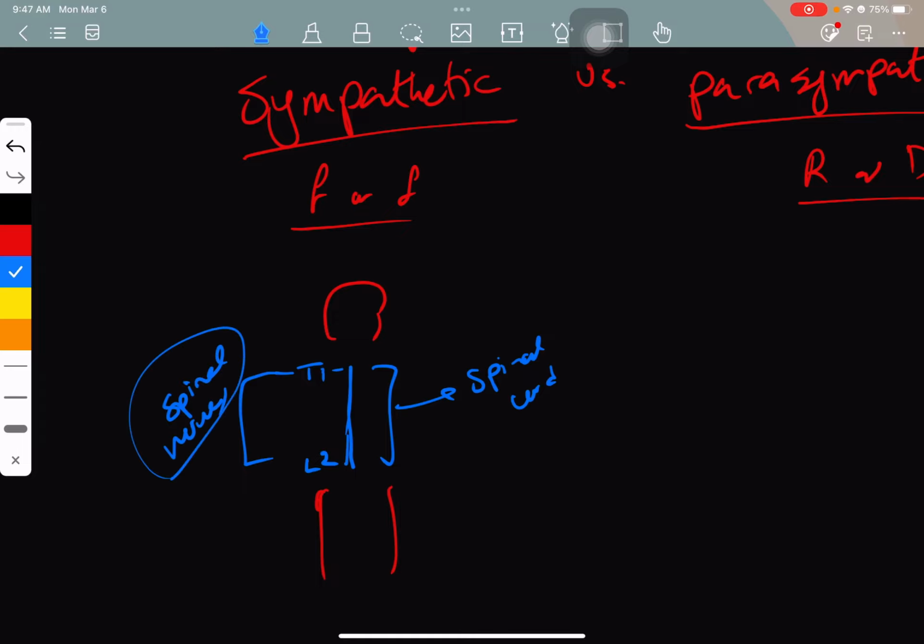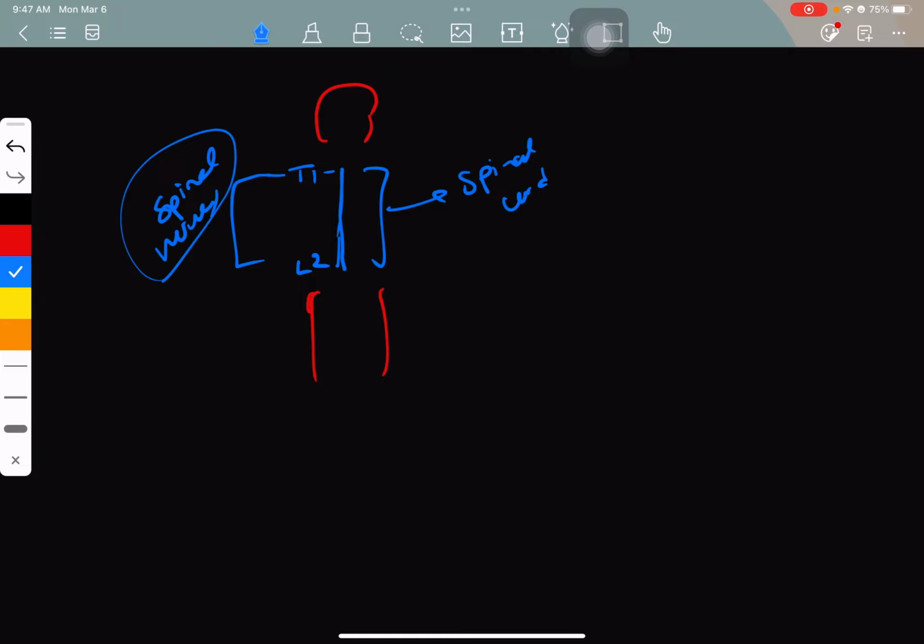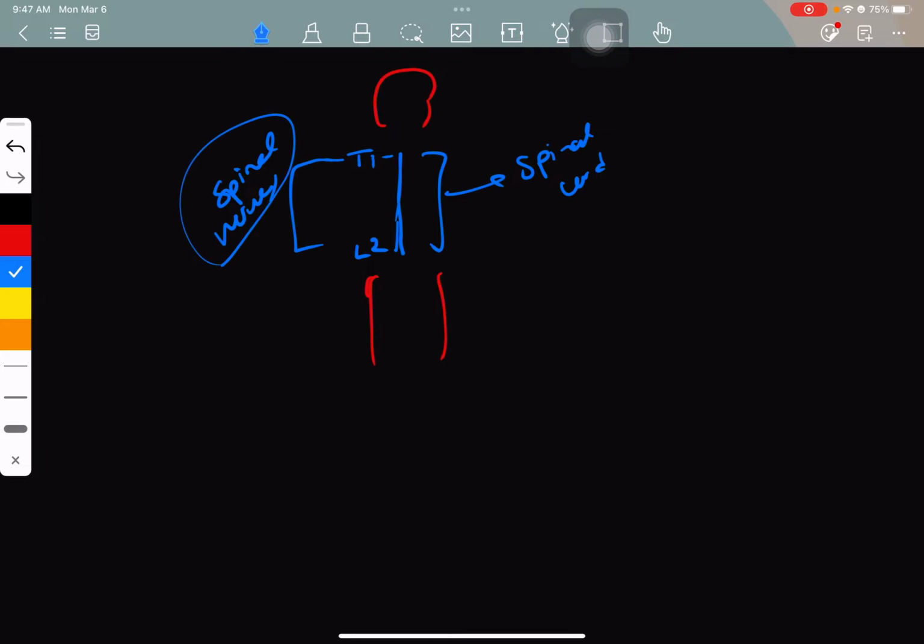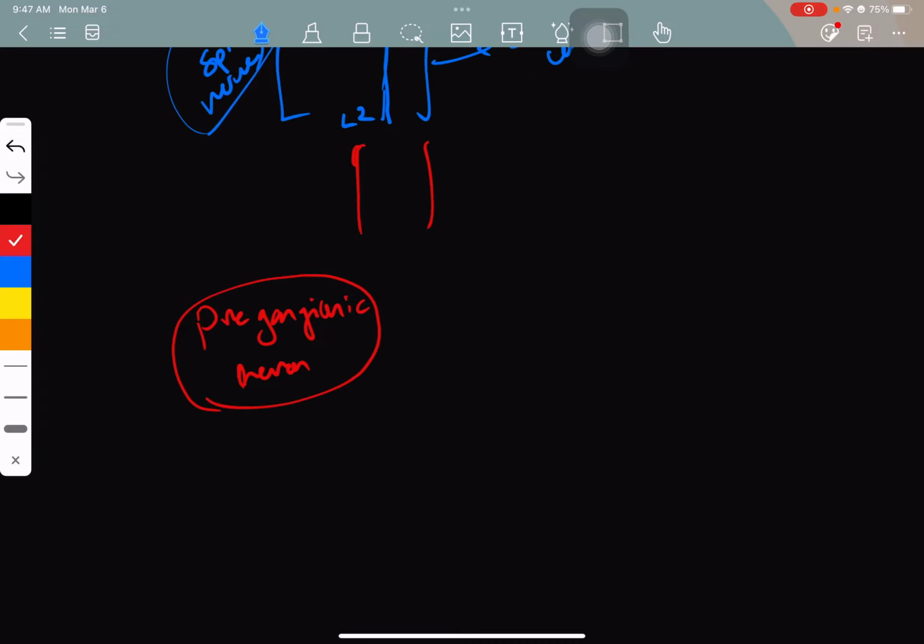And how that works is, we have a preganglionic cell, or preganglionic neuron, right? Let's say that's the cell body, and it has axons that bridge out of it.